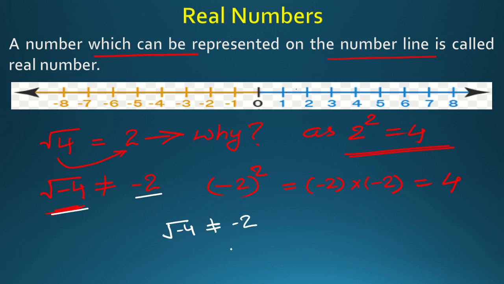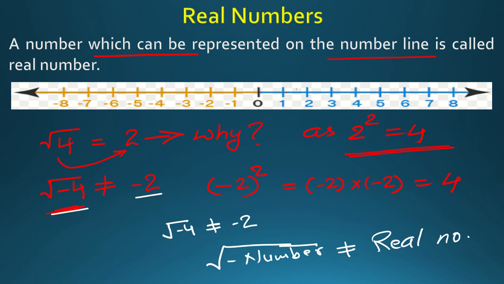Similarly, square root of any negative number will not be equal to any real number. You cannot get the answer for square root of a negative real number. So these numbers cannot be represented on the number line.